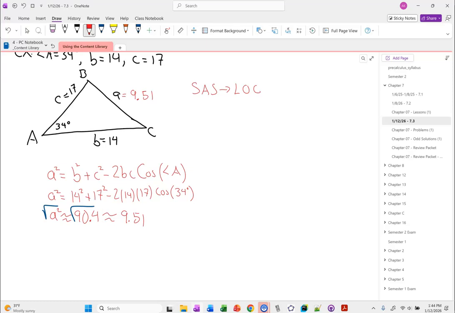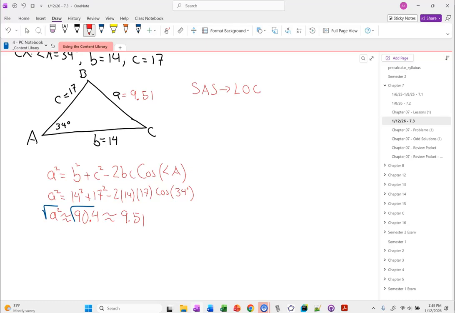Now, previous to this, the order in which I found things did not matter. Here it does. Here the order matters. Because what I want to avoid is accidentally stumbling into one of these ambiguous case situations where I end up using side-side angle and having to be careful about that.